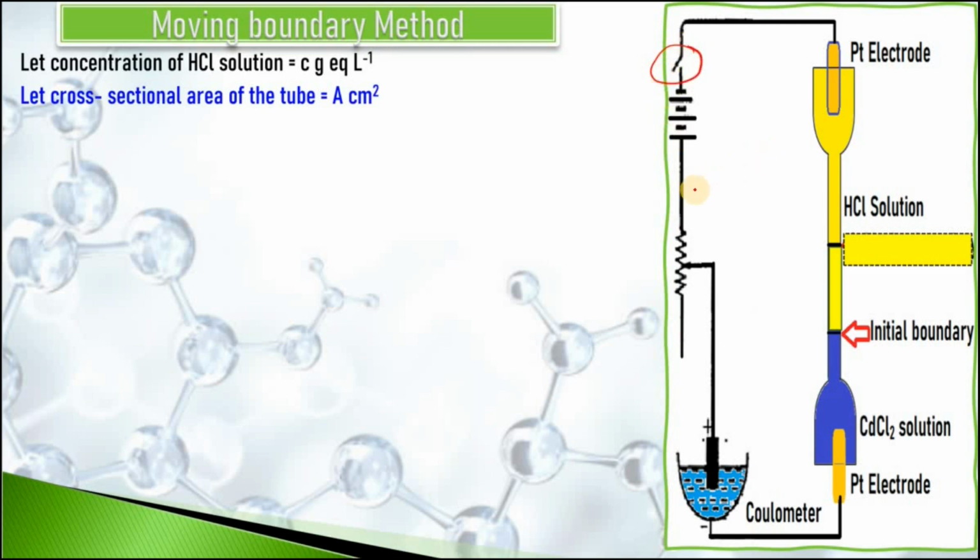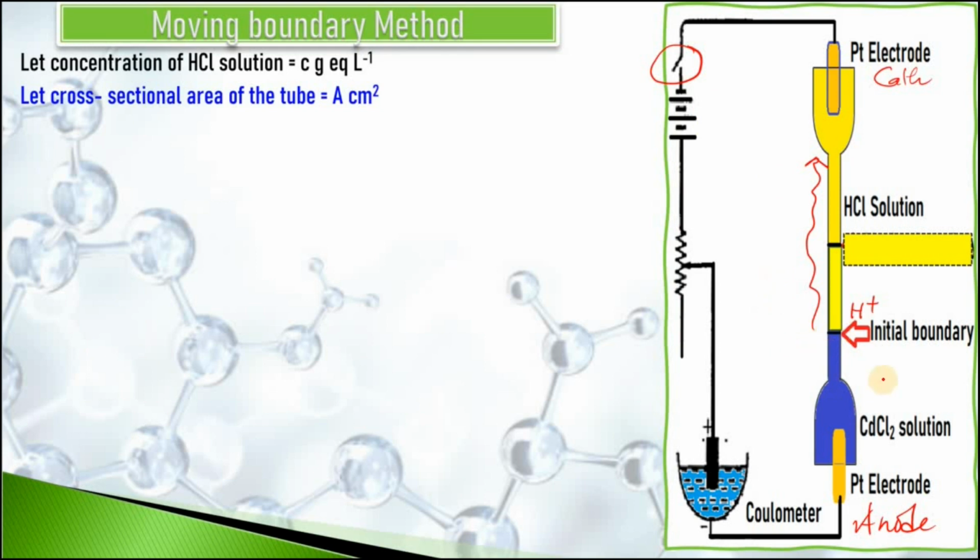As the circuit completes, electricity starts flowing through the conductivity cell, and the platinum electrode connected with the negative terminal acts as cathode and this platinum terminal acts as anode. Hydrogen ions, which are positively charged ions or cations, start moving towards their electrode under the influence of the external electrical field.